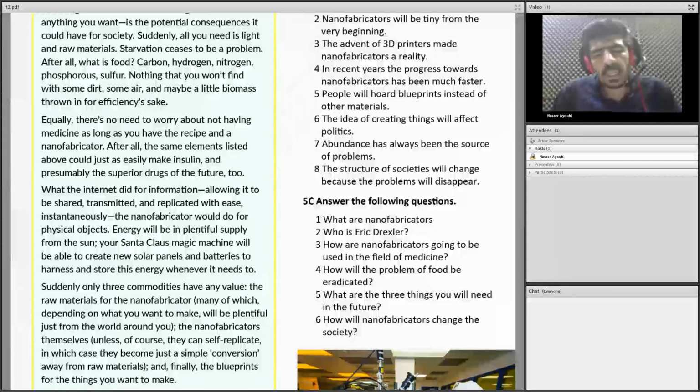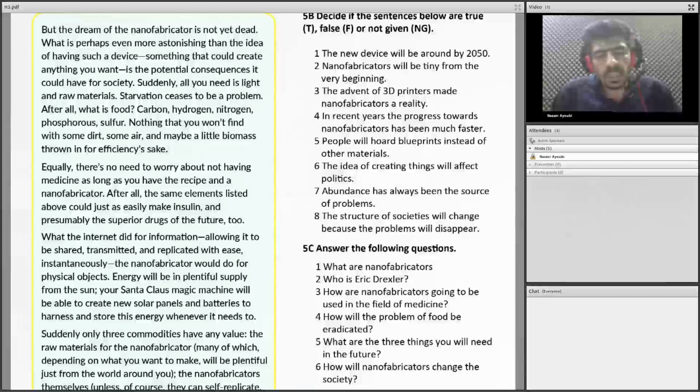Question 4. How will the problem of food be eradicated? Eradicated means removed, wiped out. So the first paragraph on page 26 says starvation ceases to be a problem.